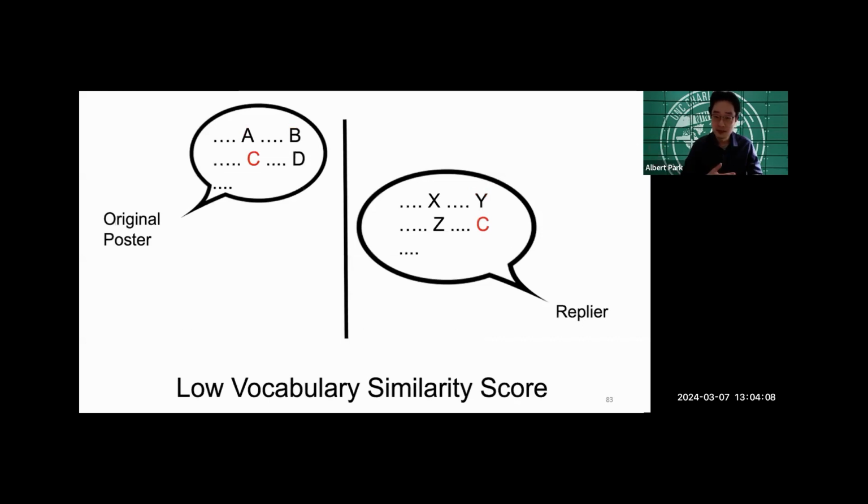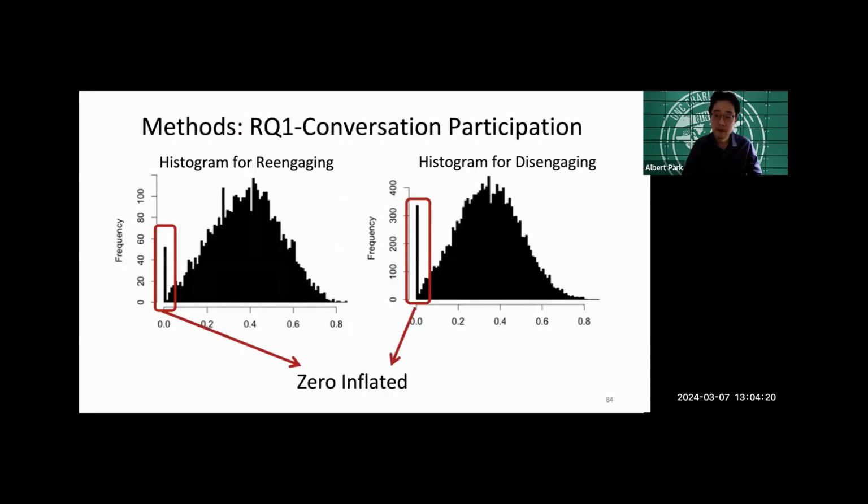If they have fewer shared vocabulary, they will result in a low vocabulary similarity score. Using the cosine similarity, I calculated the vocabulary similarity scores between the original post and their first replies, and I grouped the threads where the original poster re-engages and threads where they disengage.